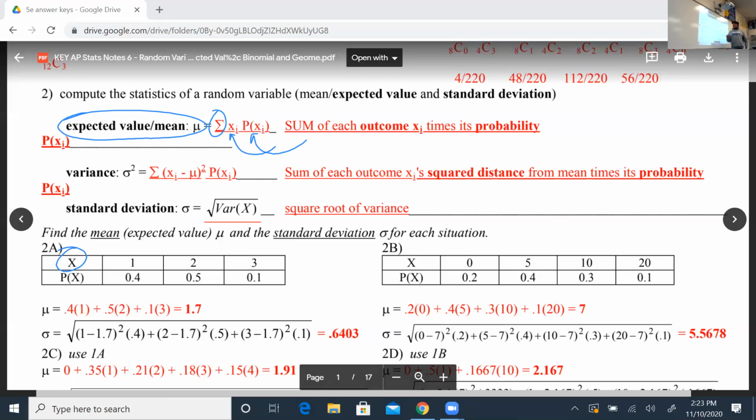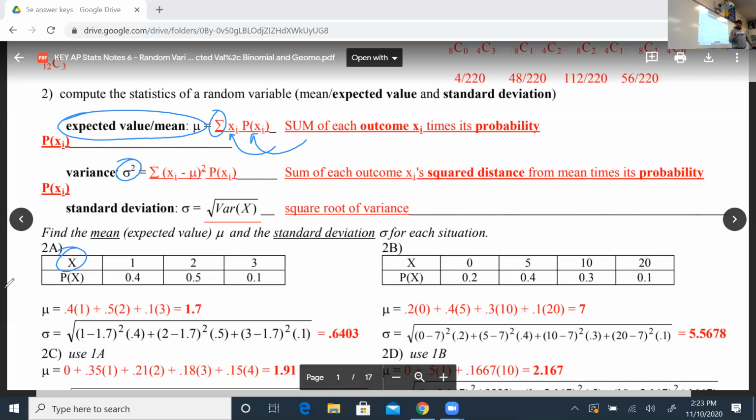Now the variance, remember, variance is the standard deviation squared. We really don't use variance very much in this class, but we use standard deviation a lot. So whenever you see variance, square root it, and you'll get the standard deviation. Let's remember what the standard deviation means.